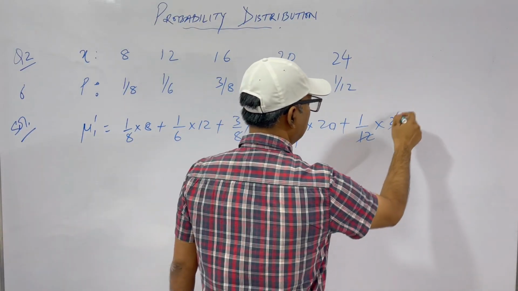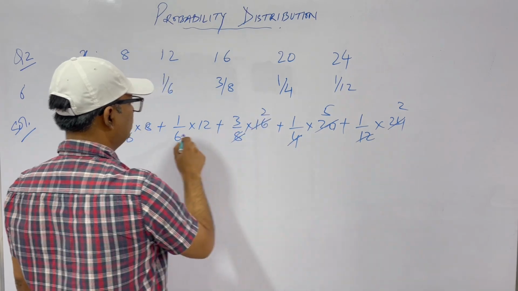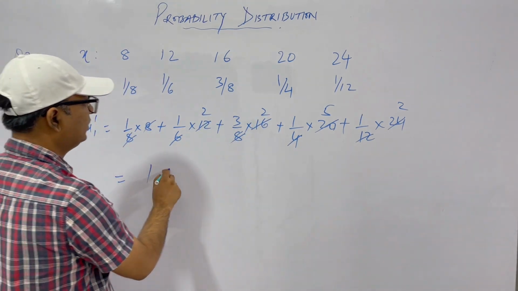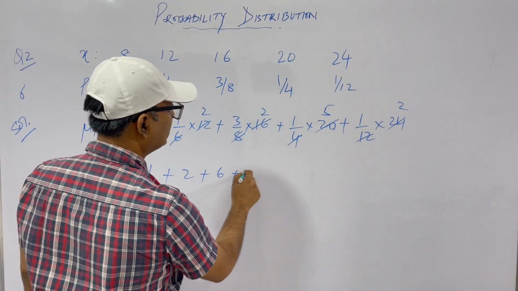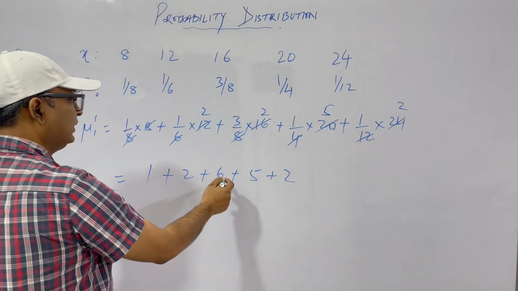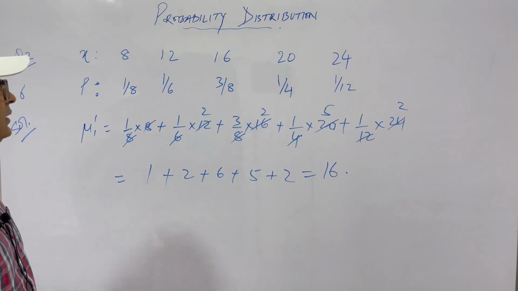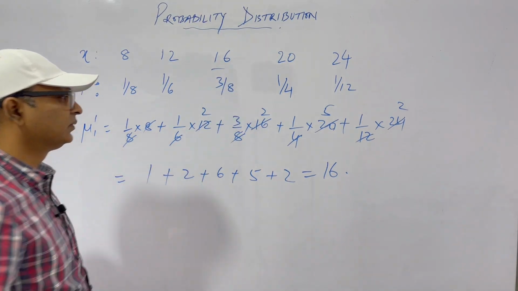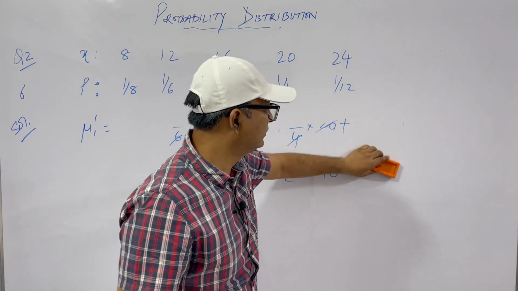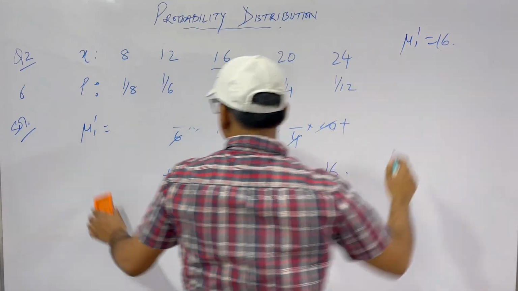So this is 1 plus 2 plus 6 plus 5 plus 2. So this is 3, 9, 11, 16. So our mean is 16.